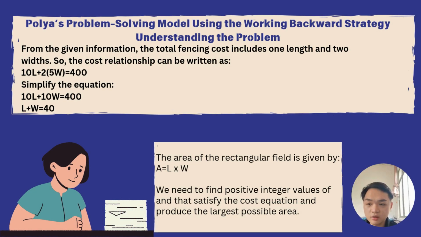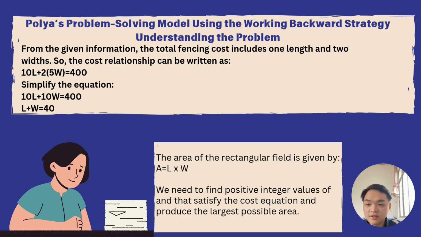So now let's use the Polya problem solving model by using the working backward strategy. First step is understanding the problem. Based on the problem, we get the information that the total fencing cost includes 1 length and 2 widths. So the cost relationship can be written as 10L plus 2 times 5W equal to 400, where L represents length and W represents width.